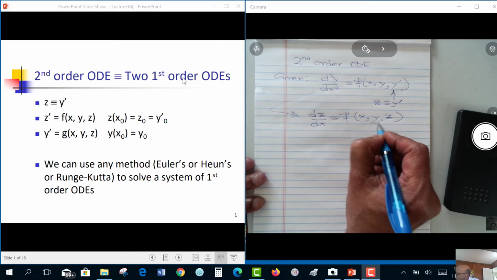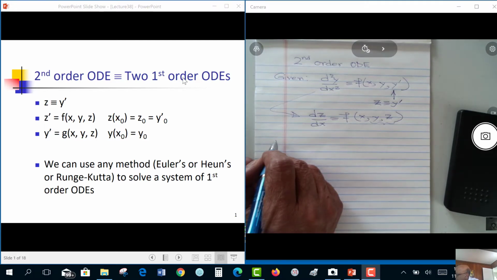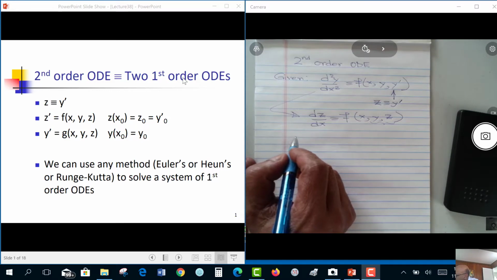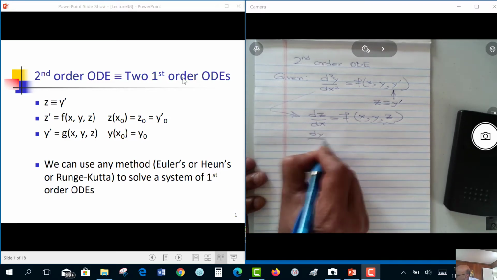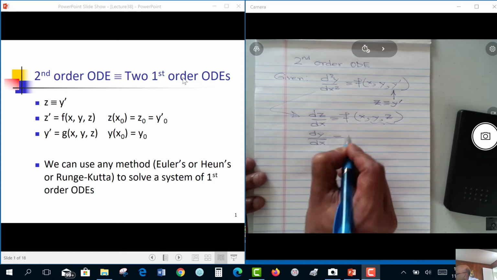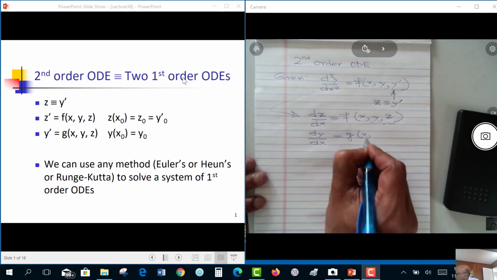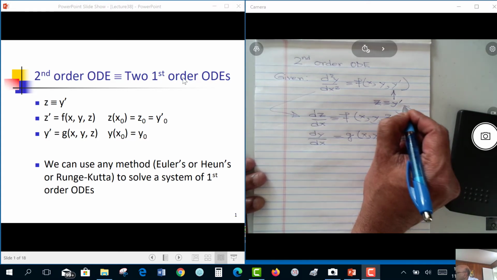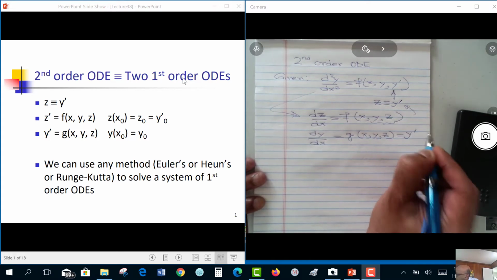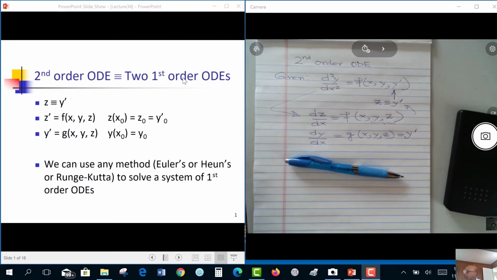Since now we have two dependent variables, we need a second differential equation, which we got by this variable substitution. And we can then use any method to solve a system of first order ODEs.